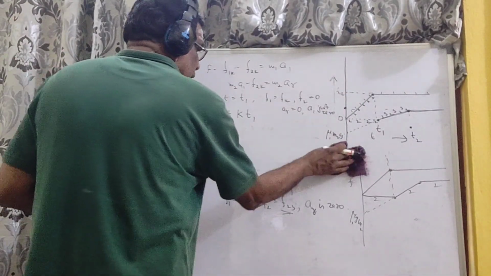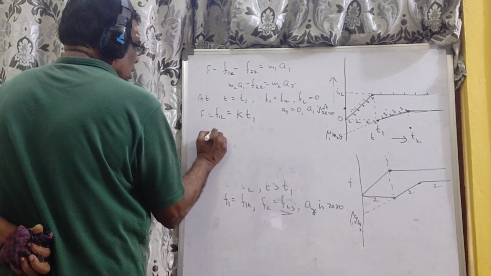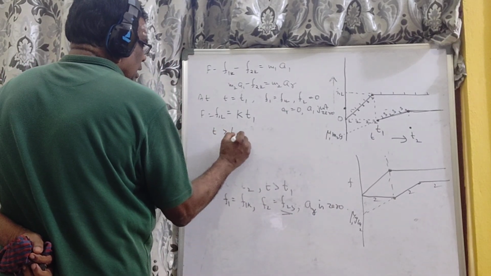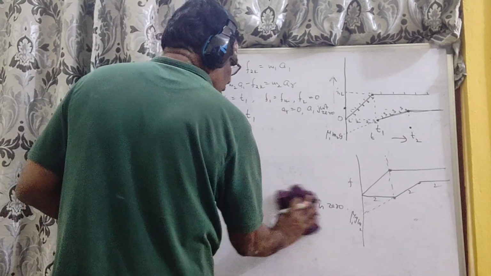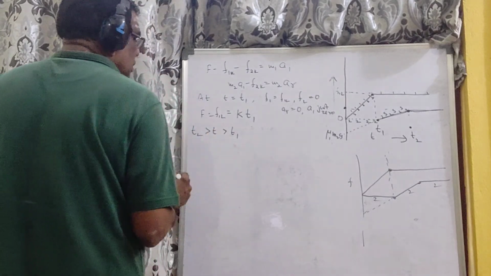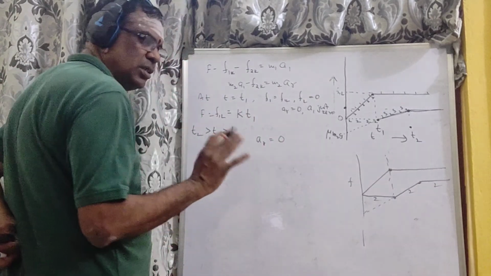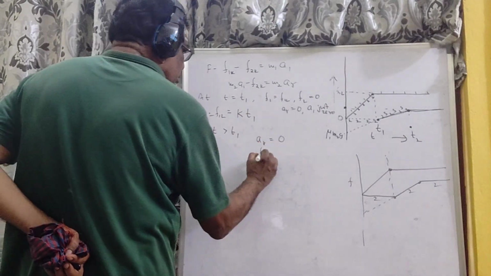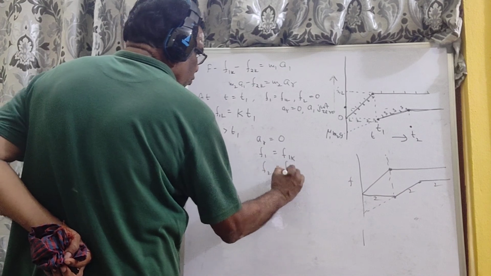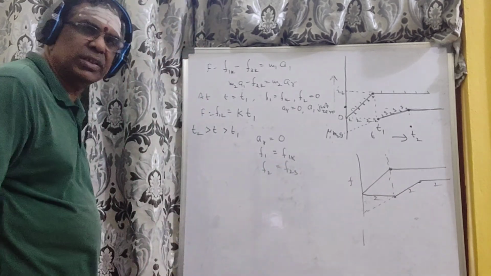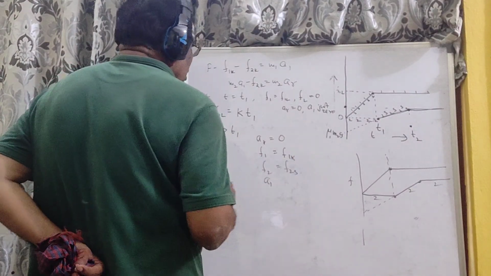The next one is T greater than T1 but less than T2. What do you get? Now, AR is 0 because there is no slipping. F1 is F1K. F2 is F2S, static frictional force. And A1 is present.